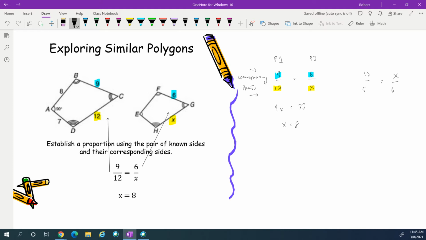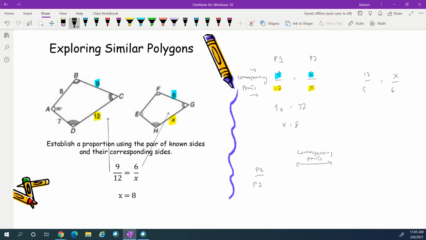Another way to set up the proportion would be to do polygon 1 over polygon 2, and then make sure the corresponding parts go across the numerators and across the denominators.